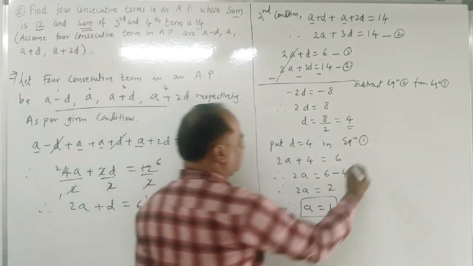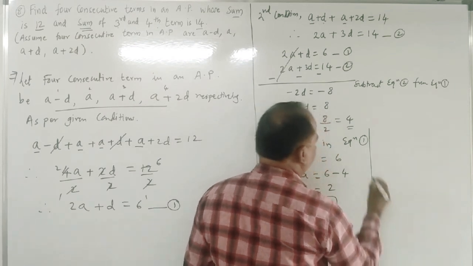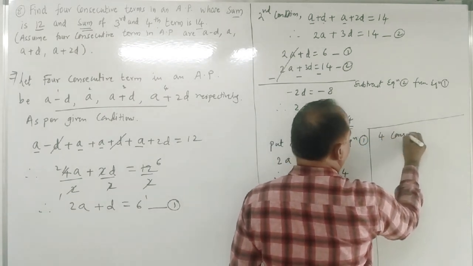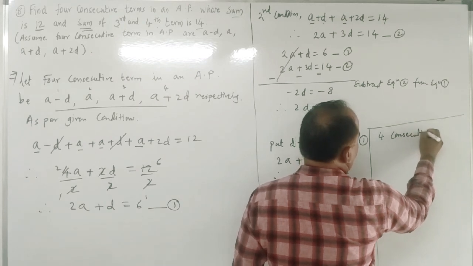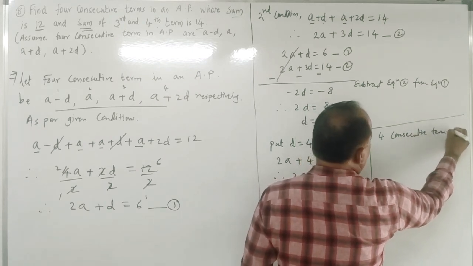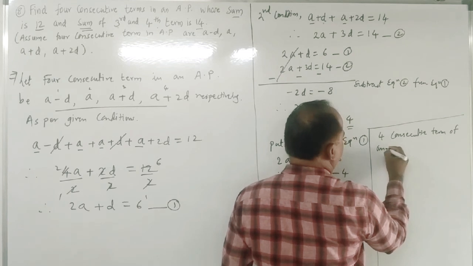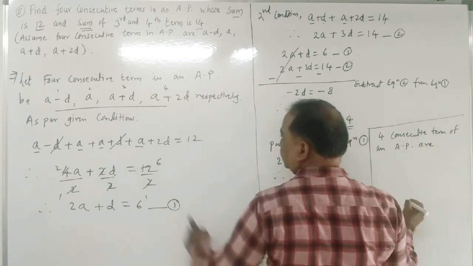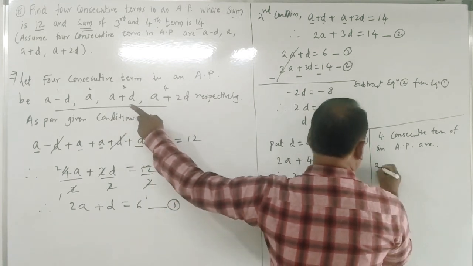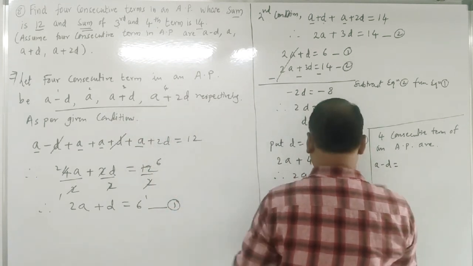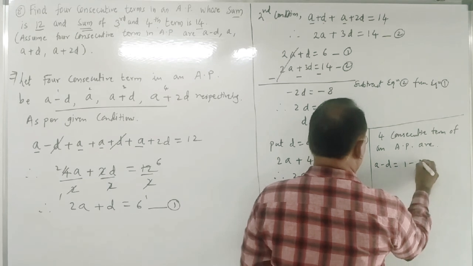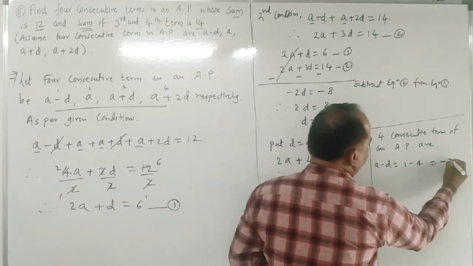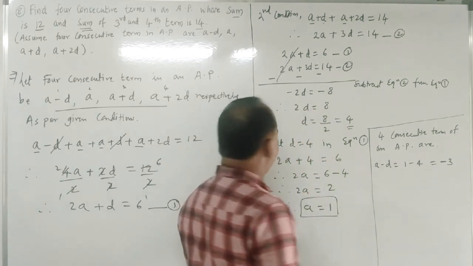So the 4 consecutive terms of an arithmetic progression are: first term is A minus D, that is 1 minus 4, which is minus 3.